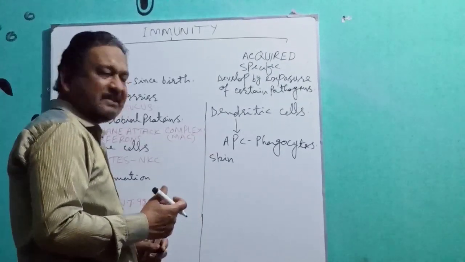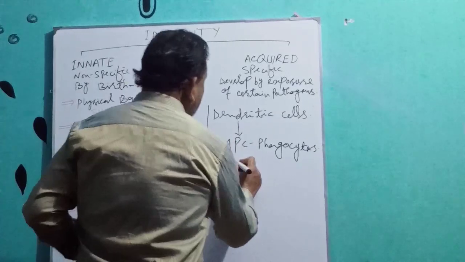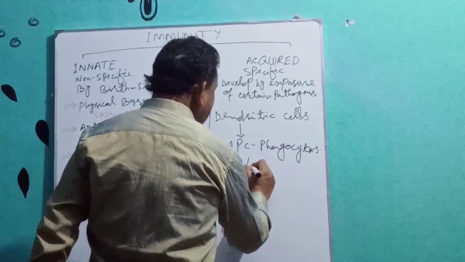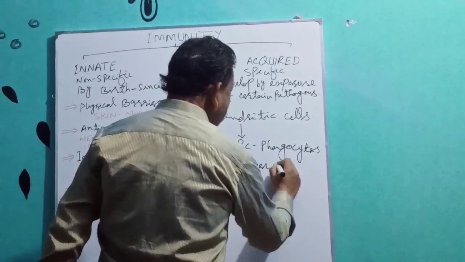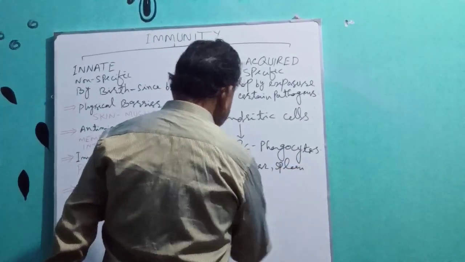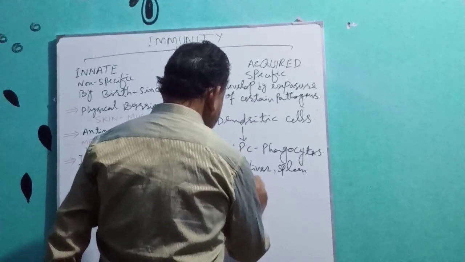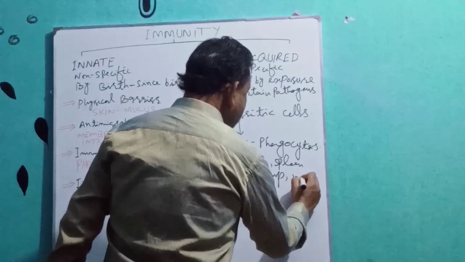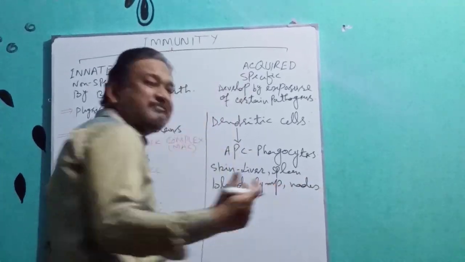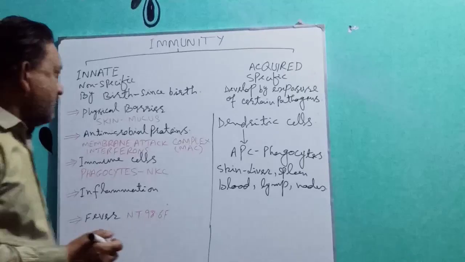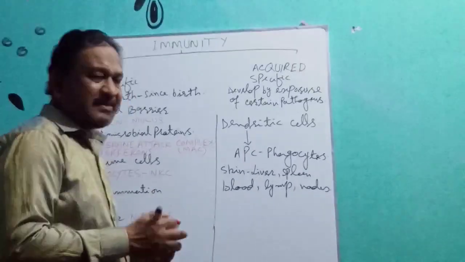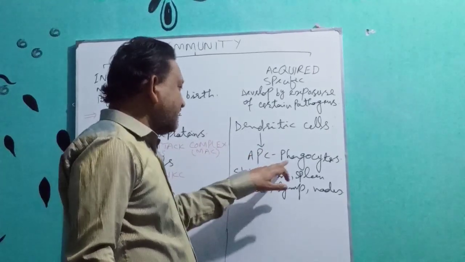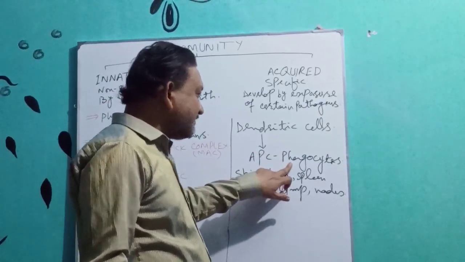In addition to the skin, they are present in the liver, spleen, blood, lymph and lymph nodes and other body tissues. What is their function? Their function is phagocytic.